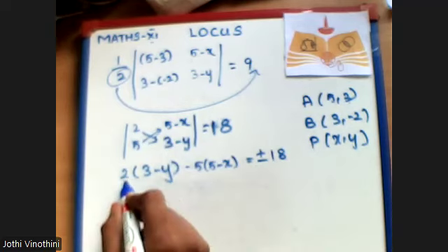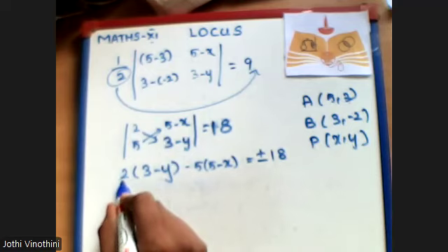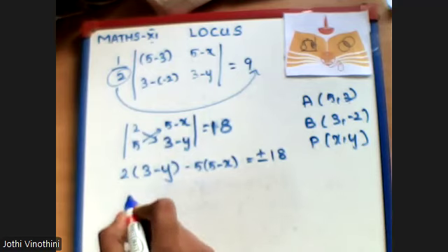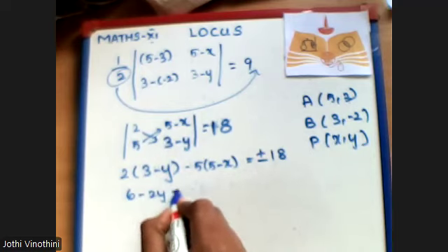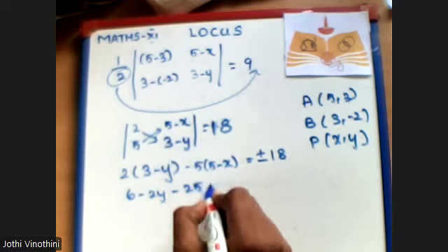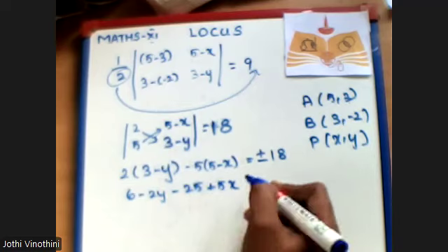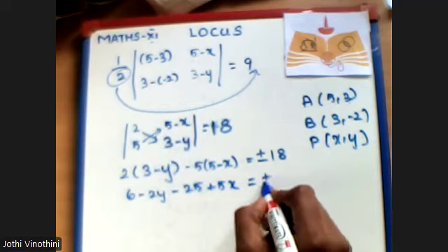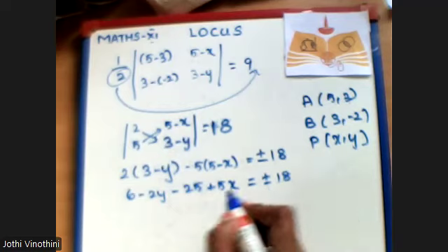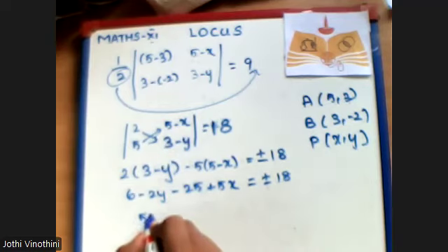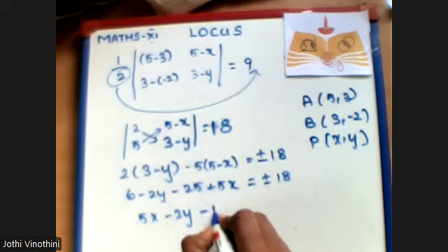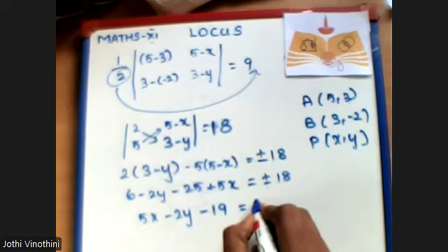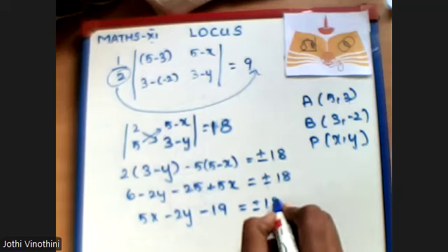I'm going to multiply 2 within this: 3 twos are 6 minus 2y minus 25 plus 5x, which equals plus or minus 18. I'm going to rewrite it as 5x minus 2y, and 6 minus 25 will be minus 19, which equals plus or minus 18.